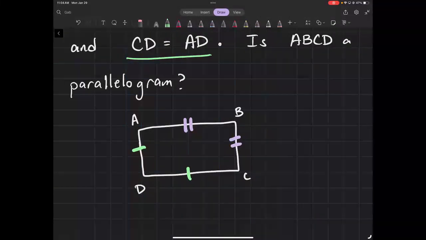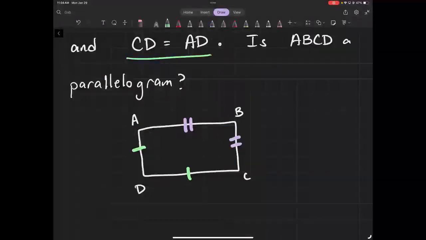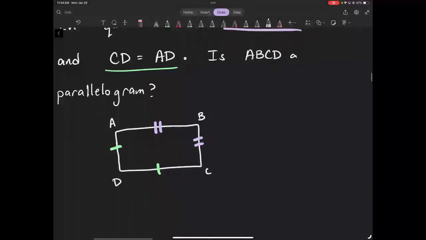Okay, looking at the picture that you made, is this a parallelogram? No. Why not? Opposite sides are not congruent. Okay, so you'll say exactly what you just said.